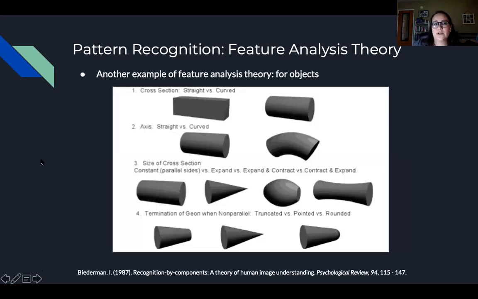And so here's just another example of feature analysis, and this is for more complex stimuli such as objects. So again, we have this set of features that we can use to analyze an object. So is it straight or curved in terms of the cross section of the horizontal line that we could mark across it?